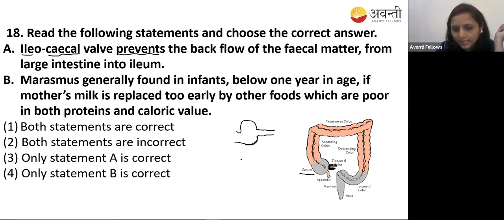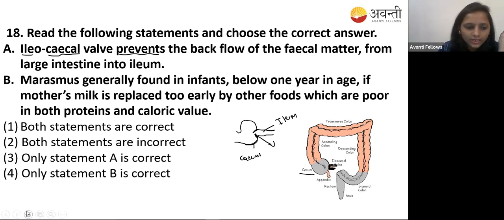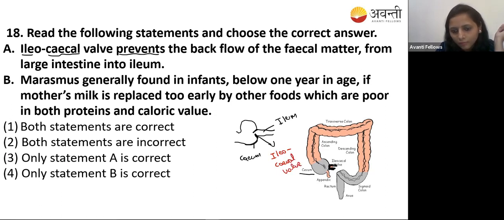This is the cecum structure. There is a valve here. This valve we call the ileocecal valve.